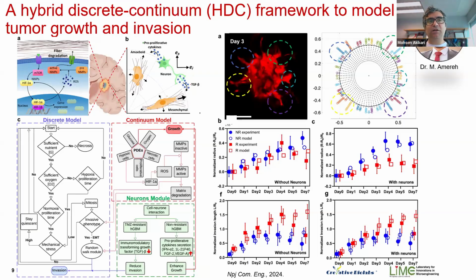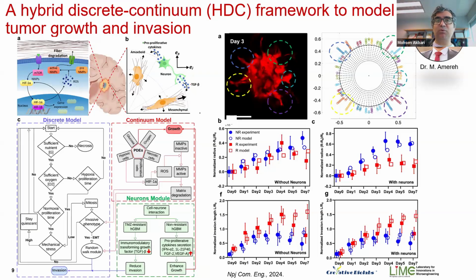For example, in this case, we looked into the impact of neurons on tumor growth and invasion in two cell populations, one temozolomide-resistant population and a non-resistant cell line.